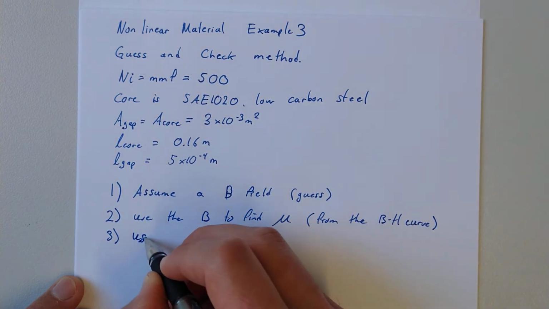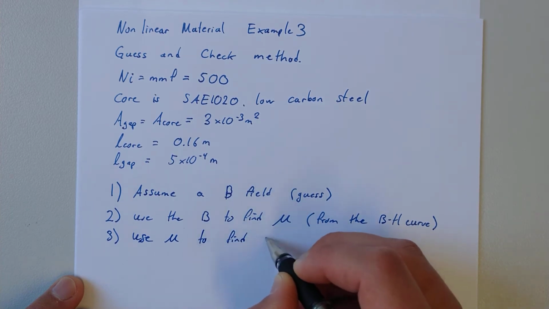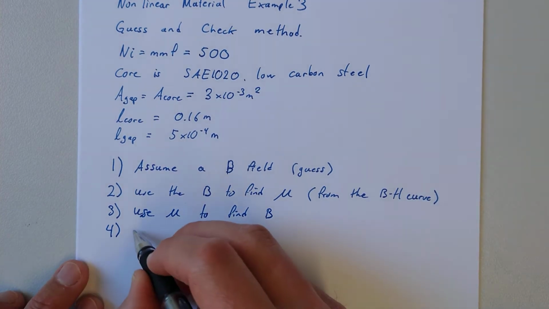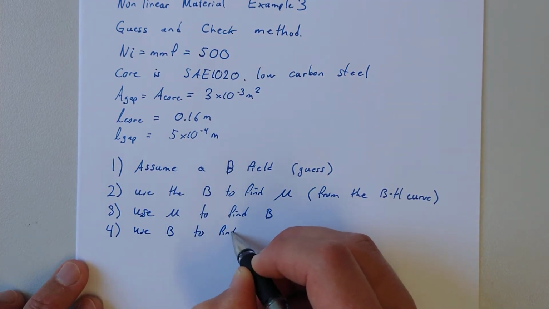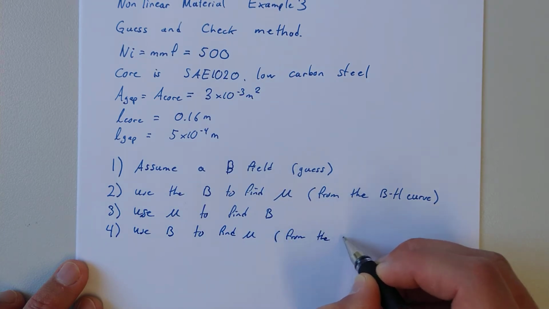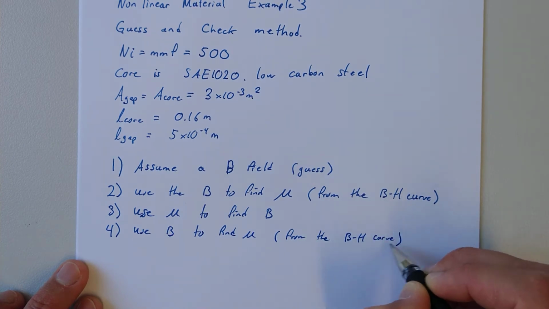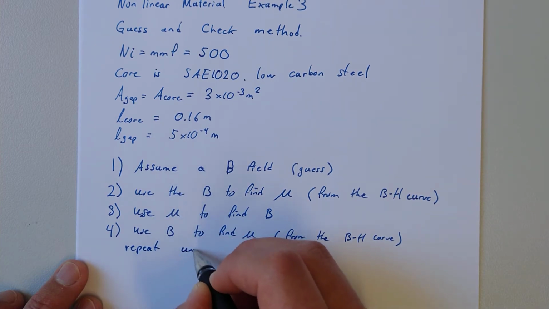Then we use mu to find B. Use B to find mu again, from the BH curve, and repeat as necessary until convergence.